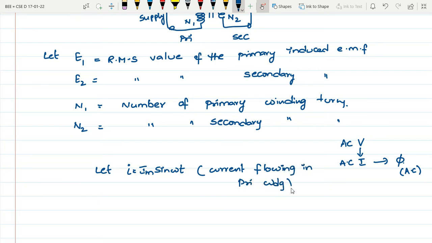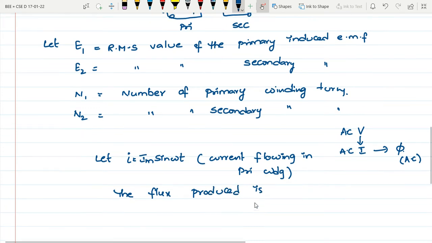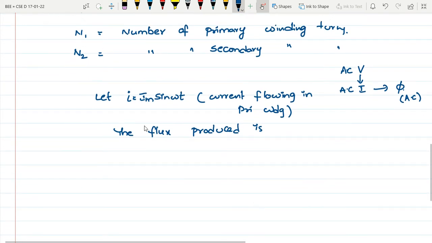So then what will happen? Whenever the current is flowing in the primary winding, due to that current, flux will be produced. If the current is alternating in nature, the flux is also alternating.